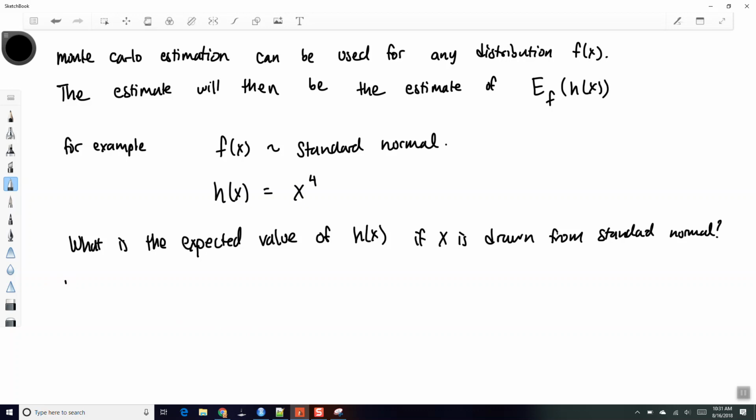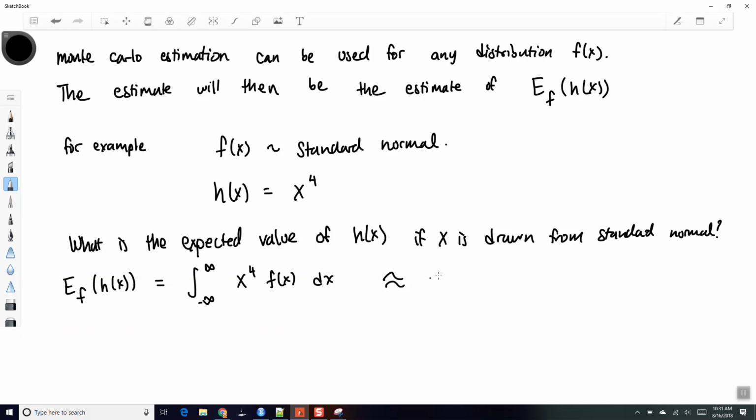Well, the true answer, the expected value of h of x, is going to be the integral over the domain. So that would be technically from minus infinity to infinity of x to the 4th times f of x dx. Okay?